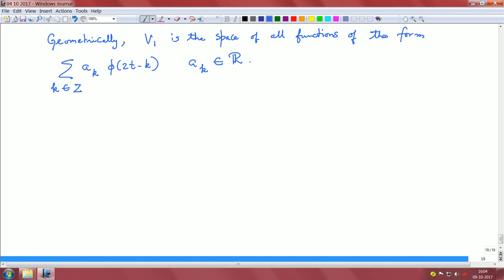Now you may wonder where the discontinuities are, and the discontinuities exist at half integer multiples, right.